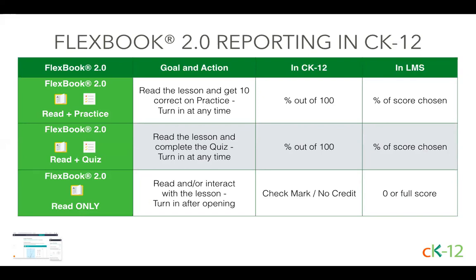So in your learning management system, let's say you set it for 50 points for that assignment, they get half of those right, so they get 5 correct, they would get a score of 25 in Canvas or Schoology. For a quiz, it's a true assessment score. So if you maybe have 20 questions and they get 10 right, then they would get half of whatever score you had chosen in your learning management system.